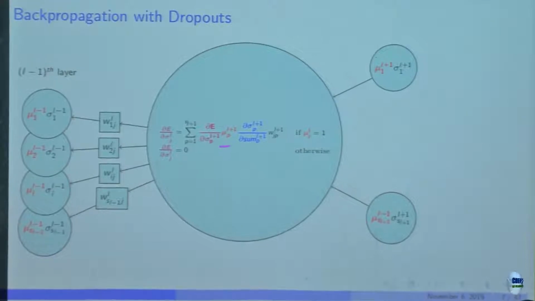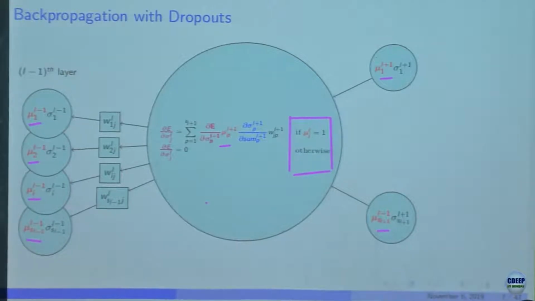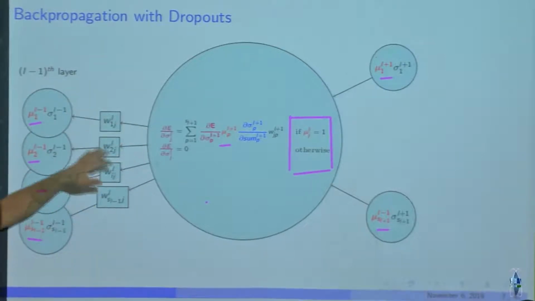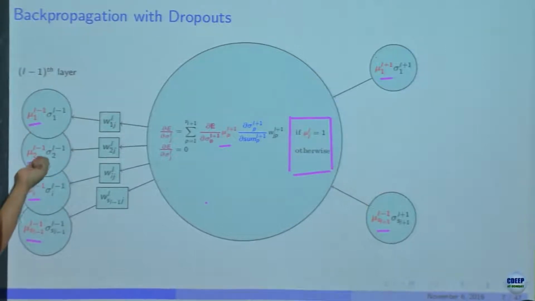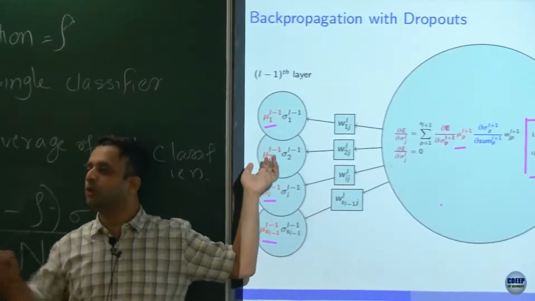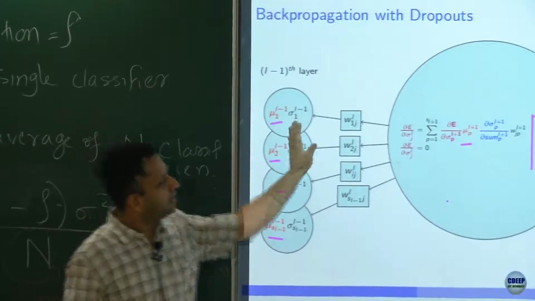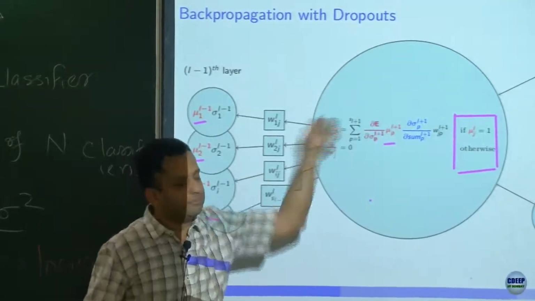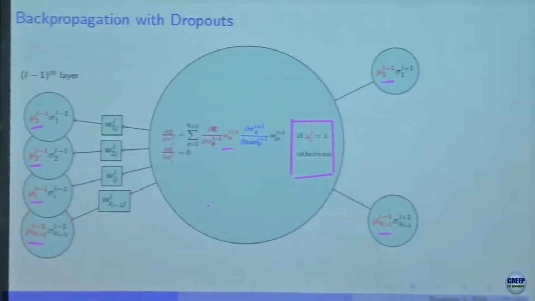The only change is as follows: you will sample new mu's. In the forward propagation we already discussed that once you decide to mask out a sigma, you will not count it, but when you mask in a sigma, you will multiply it by 1 by beta, because beta is the probability with which a mu would have been 1. And thereafter, after getting the output, you would have multiplied by the mu at the target activation unit.